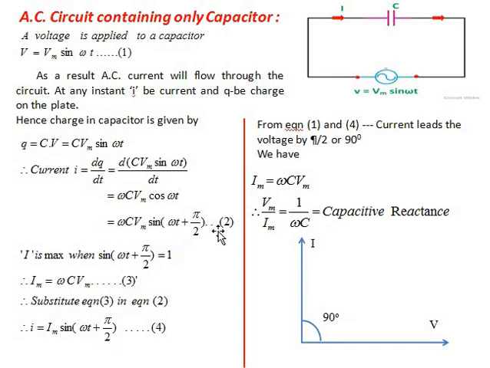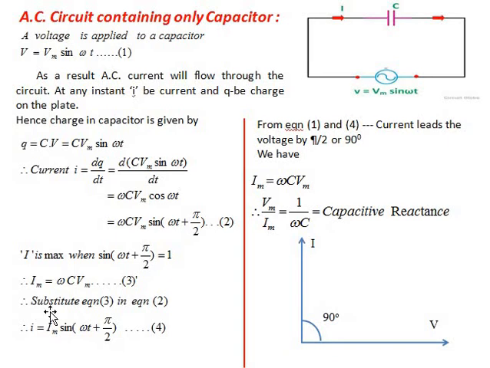From equation number 2, the current is maximum when sin (omega t plus pi by 2) is equal to 1. So substituting, I becomes Im, that is I is maximum, so Im is equal to omega into C into Vm.